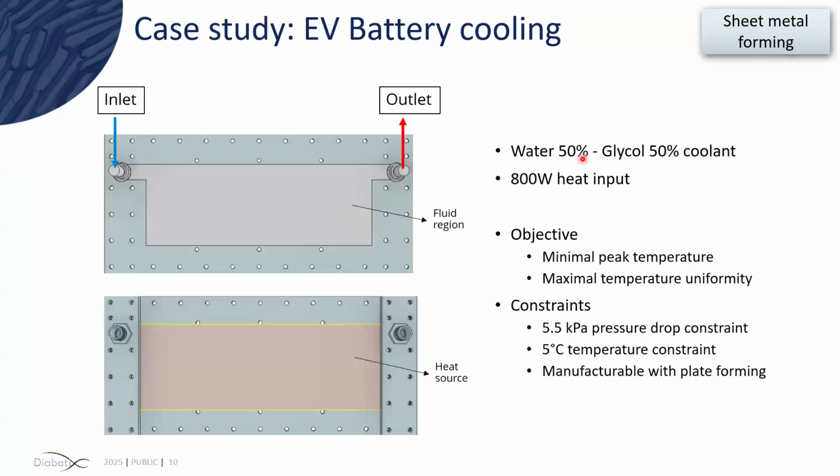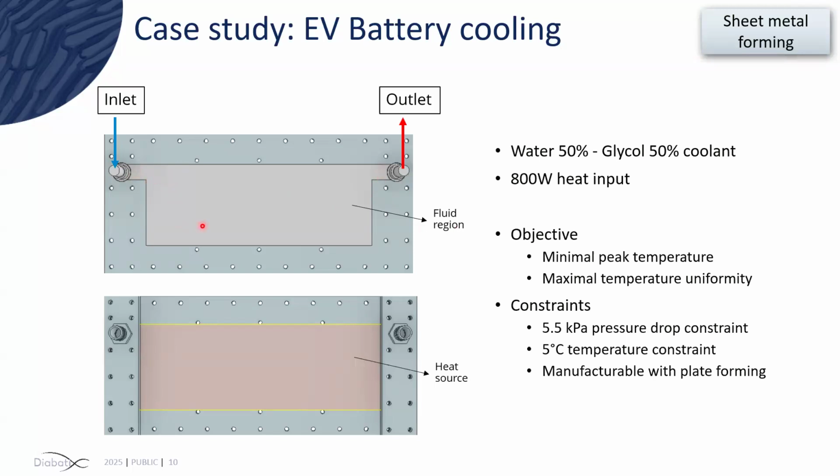So this is a case study that depicts exactly what the case was. Here on the left-hand side, top picture, you are seeing the cold plate. There is an inlet here and an outlet here. The cold plate contains a fluid volume here, and there is a design space which is a subset of the fluid design. Ideally, this should be spanning from here to here.